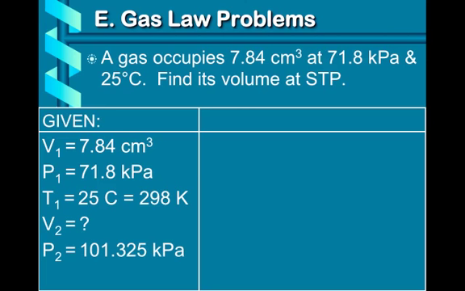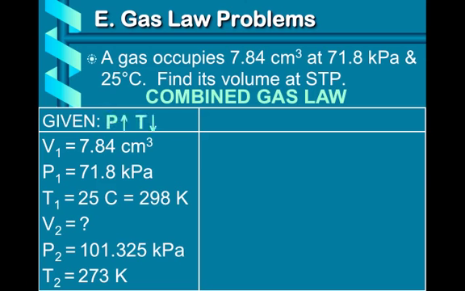Remember, it's probably going to be easier to use the same pressure units as we had initially, rather than convert in this case. And our final temperature is 273 degrees Kelvin. We must use the same units. We may have to make a conversion in order to use the same units.